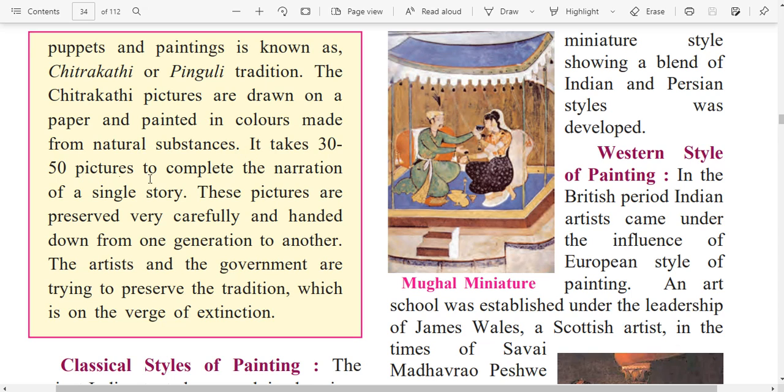It takes 30 to 50 pictures to complete the narration of a single story. These pictures are preserved very carefully and handed down from one generation to another. The artists and the government are trying to preserve the tradition, which is on the verge of extinction.